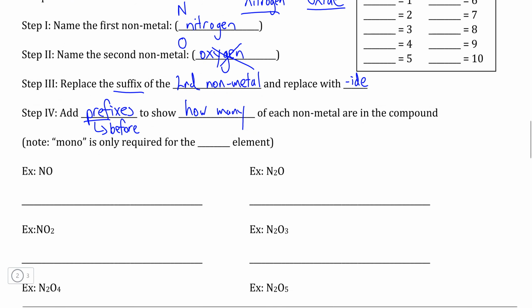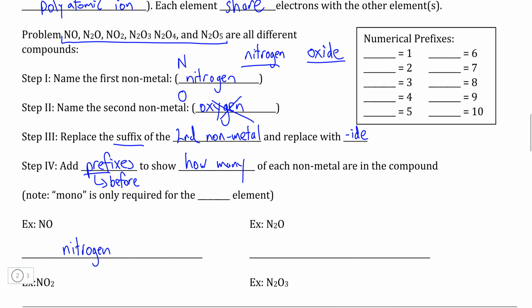So if we start with the simplest nitrogen oxide, NO, we simply begin with nitrogen here. Now, in order to identify this, we need to first identify what our numerical prefixes are, and many of these will be familiar. For example, the prefix that means one is the prefix mono.